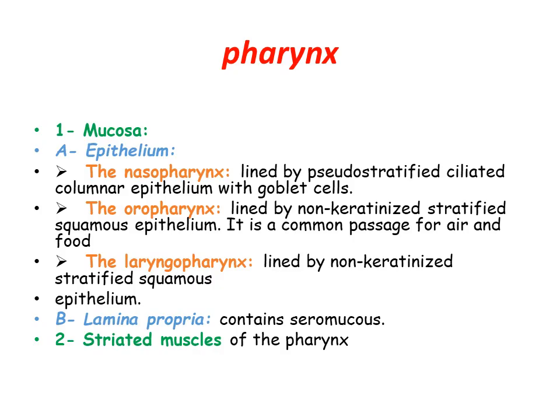The oropharynx is in close contact with the food and contains non-keratinized stratified squamous epithelium. The lamina propria contains lymphoid tissue including the palatine and lingual tonsils. The laryngopharynx is also lined by non-keratinized stratified squamous epithelium, and the lamina propria contains elastic fibers for flexibility.